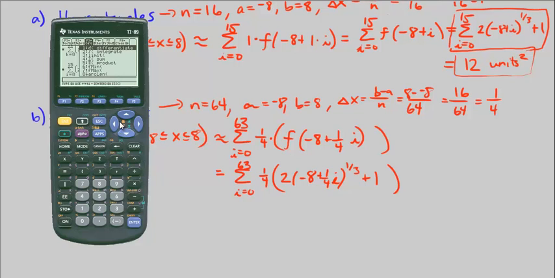Again, F3, go to sum number 4, and our expression now is 1/4 times, and I open a parenthesis, 2 times, I open another parenthesis to write negative 8 plus 1/4 times i, so that's alpha, i is above 9. I want to be careful not to put the imaginary i above catalog, because that's a different i, that's just imaginary, but this is a variable i, to the power of 1/3.